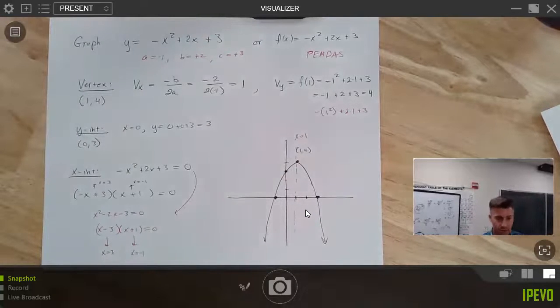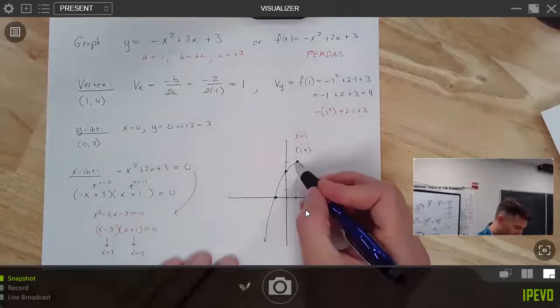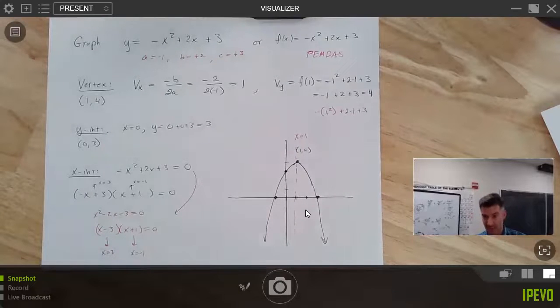There's our parabola. When drawing your parabola, try to make the vertex curvy. It shouldn't be pointy. It should definitely curve, round out at the top and then go back down, or round out at the bottom and go back up.